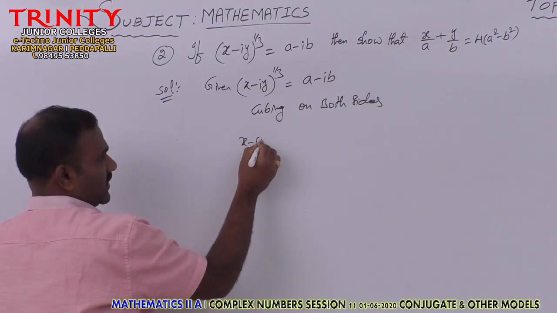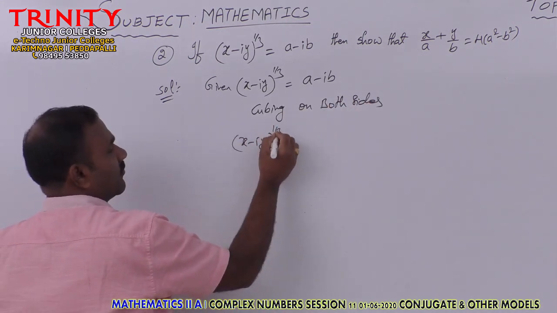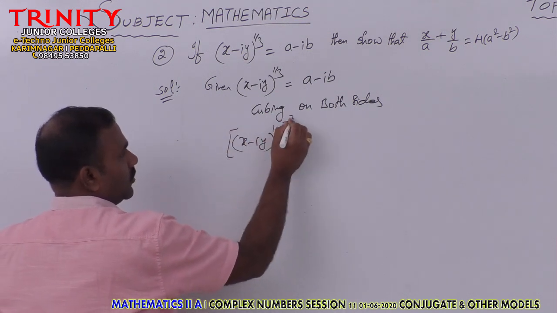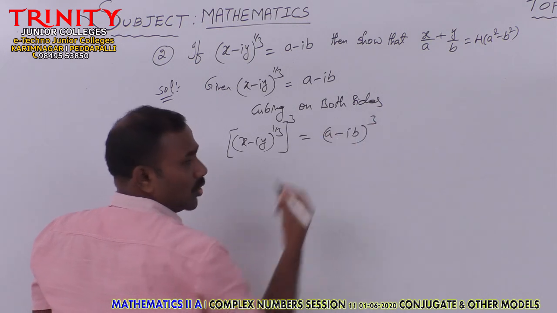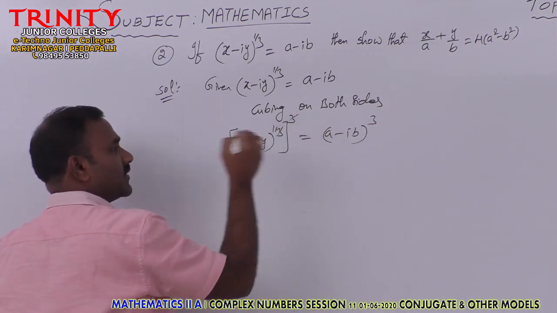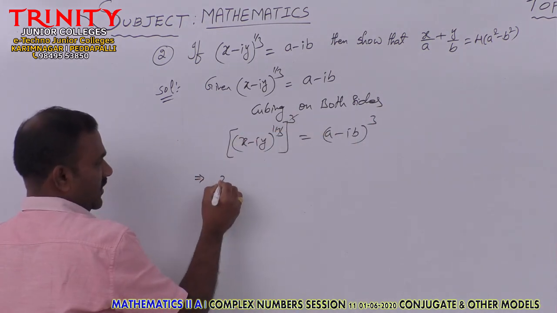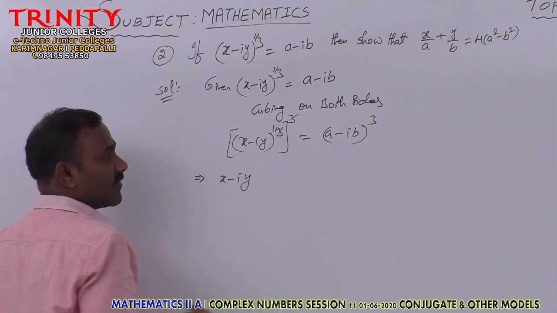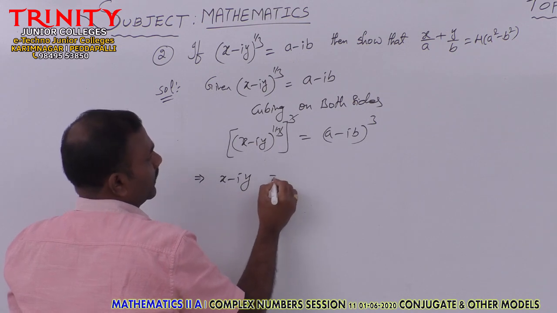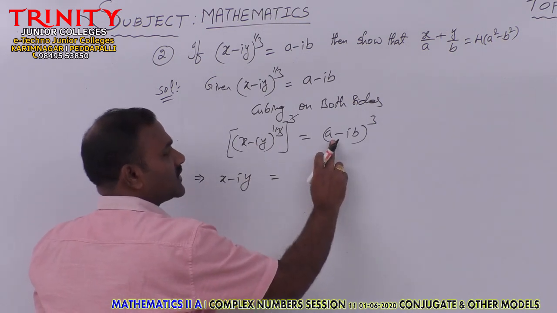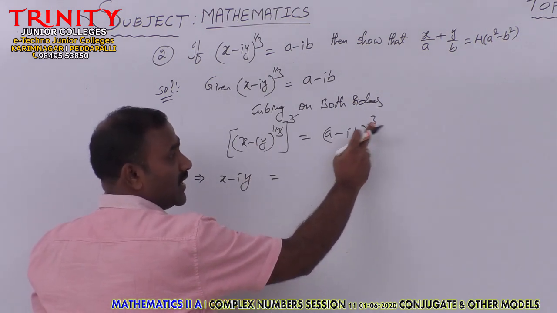(x minus iy) to the power 1 by 3, whole cube, is equal to (a minus ib) whole cube. The 3 gets cancelled and we get x minus iy. Now the rational power is removed. This is equivalent to the right side, which is now in the form of (a minus b) whole cube.